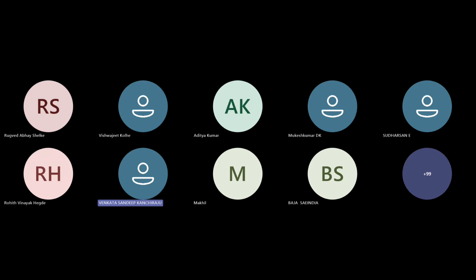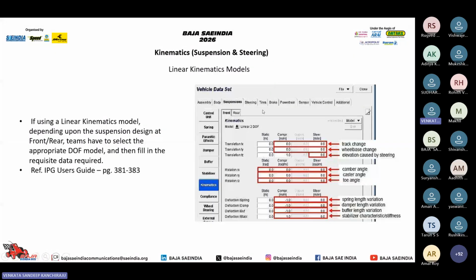Rajendra, the values of linear to DOF will be obtained from your suspension, like multi-body simulations. So you do multi-body simulation for your suspension, so the jounce, bounce, travels, everything is reflected in this. As Siddharth has also mentioned, you can see what these travels are, translations TX, TY, TZ.